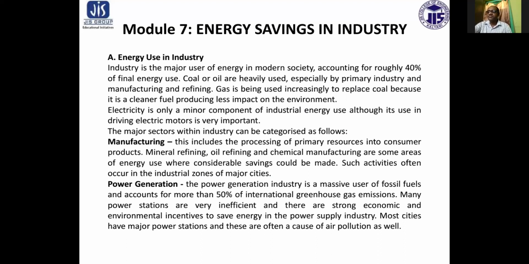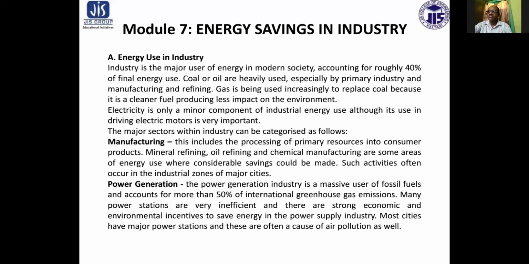Power generation. The power generation industry is a massive user of fossil fuel and accounts for more than 50% of international greenhouse gas emissions. Many power stations are very inefficient, and there are strong economic and environmental incentives to save energy in the power supply industry.